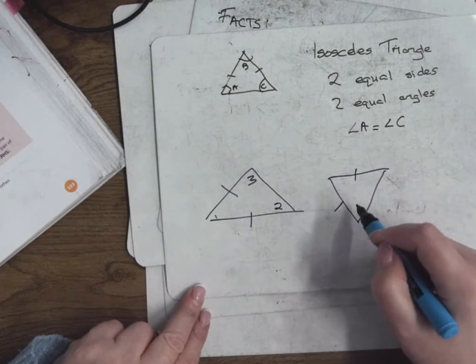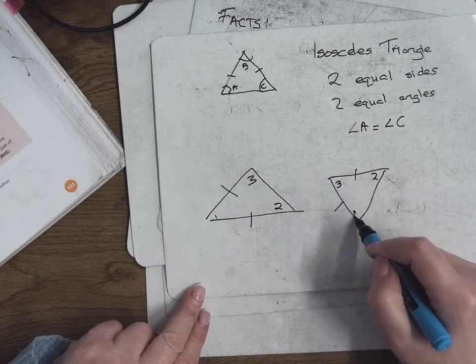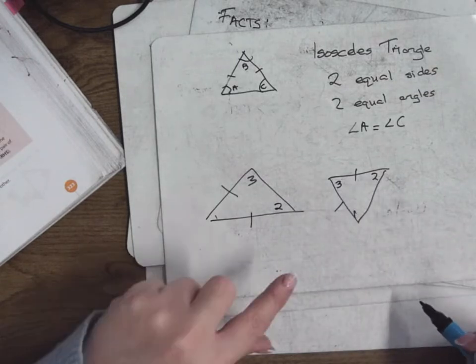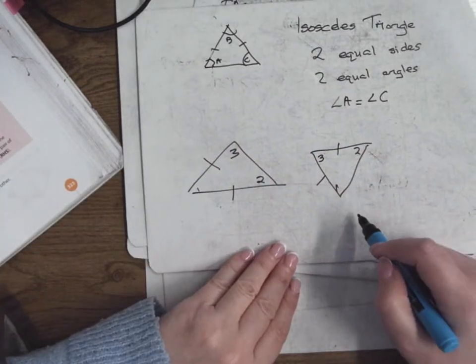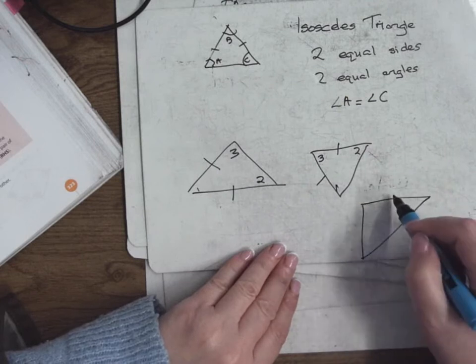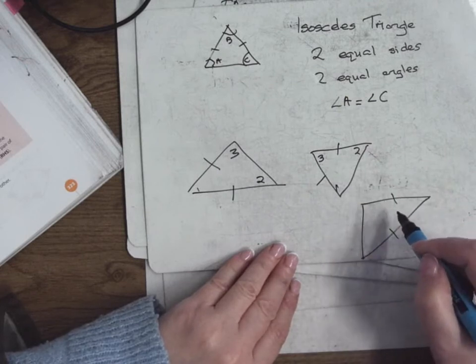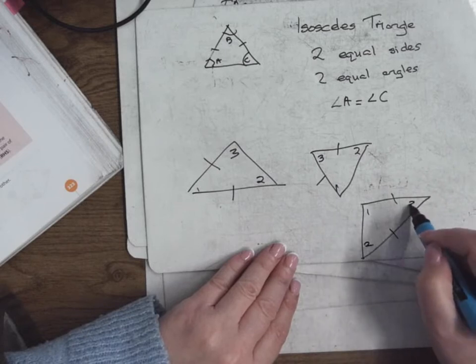Which are the 2 equal angles here? 1 and 2. So it's not the one between the 2 equal sides. Just one more. Which are the 2 equal angles? 1 and 2. Got it?